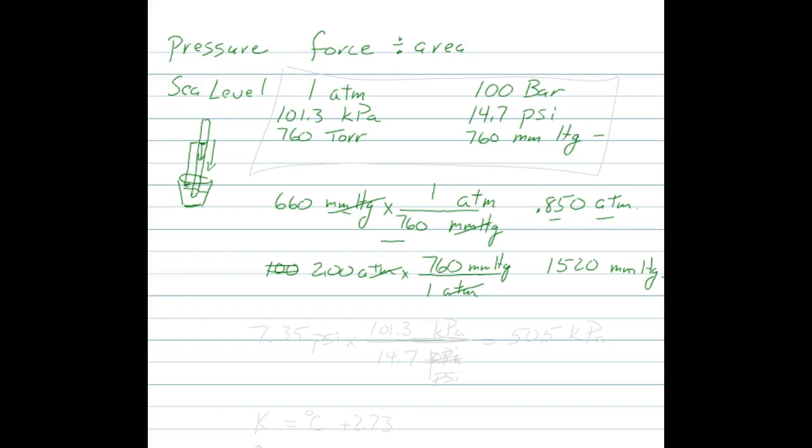Sometimes you have to multiply and divide. If you have 7.35 psi, and I want to know how many kPa that is, well, we've got to get rid of the psi, so that goes on the bottom.